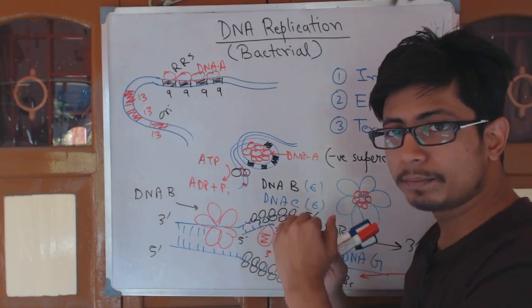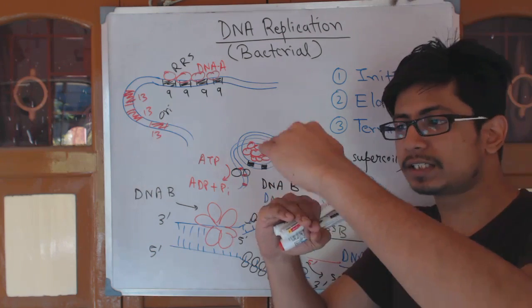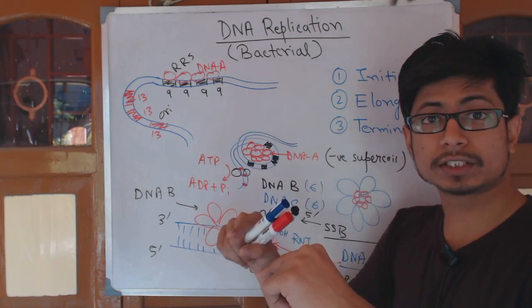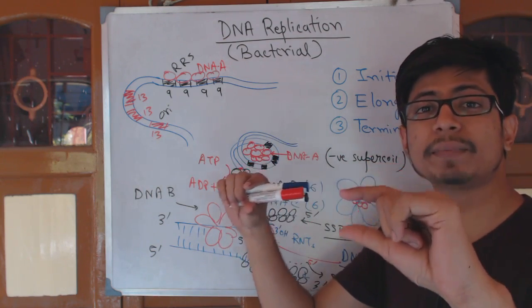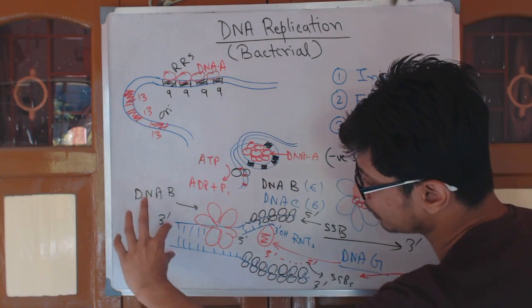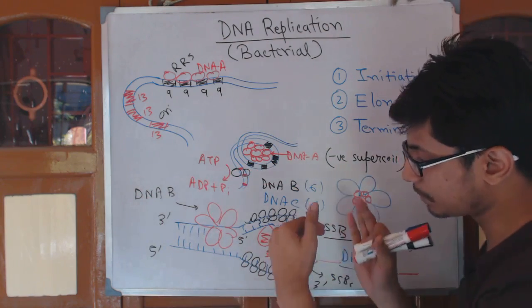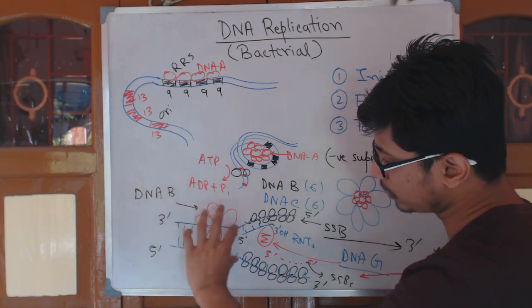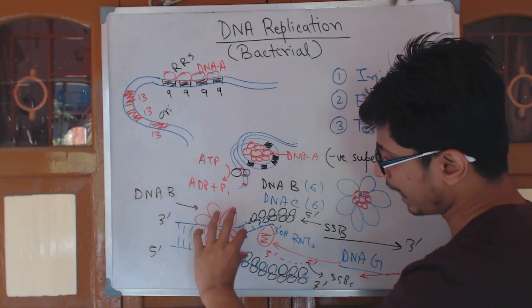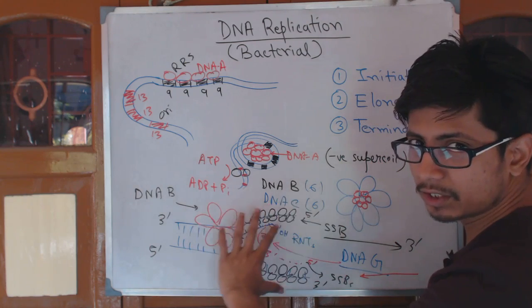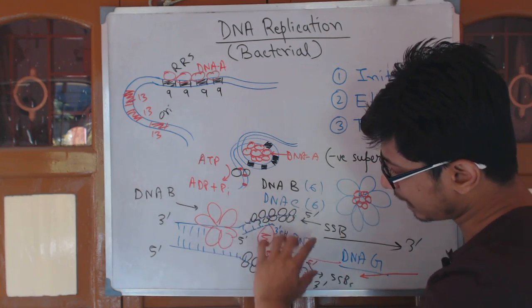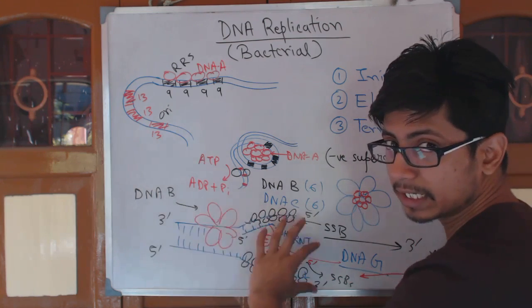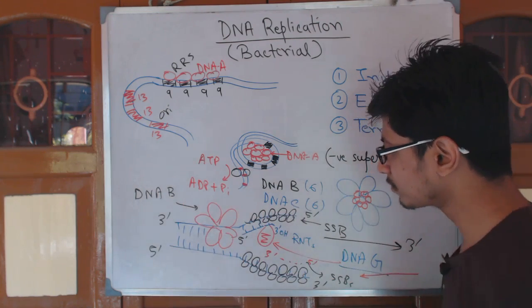Remember, a replication bubble means when the DNA strands are separated, it forms a bubble-like structure, where at the two ends we have the replication fork. The replication fork means the specific region of the DNA where you have a stretch of double-stranded DNA and then the separated single strands. That junction is known as a fork because it looks like a fork.